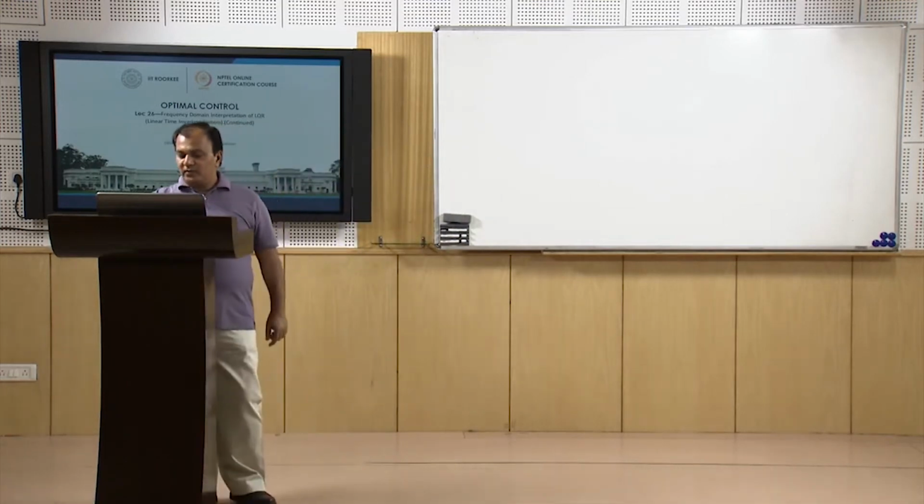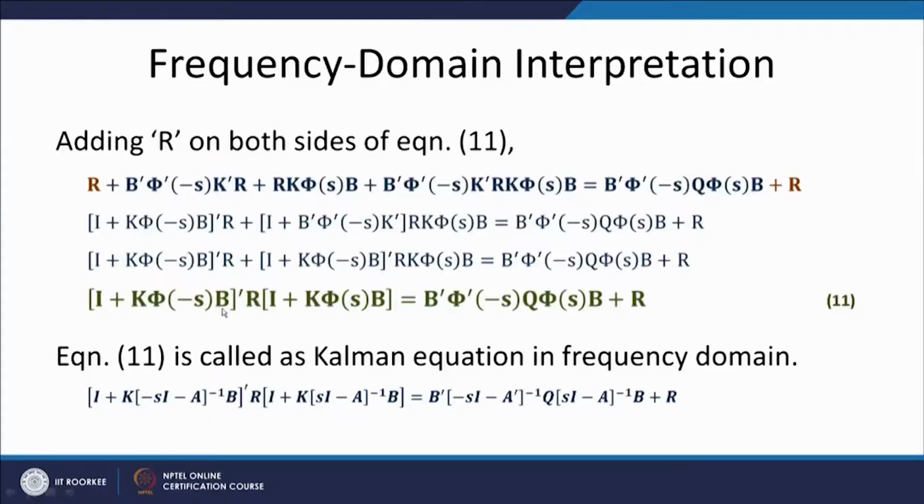In the previous class we have seen that we can find Kalman's equation in the frequency domain as (I + K Φ(-s) B)' R (I + K Φ(s) B) = B' Φ'(-s) Q Φ(s) B + R, where Φ(s) is my state transition matrix, which is given as (sI - A)^-1, and KΦ(-s) is nothing but K(-sI - A)^-1.